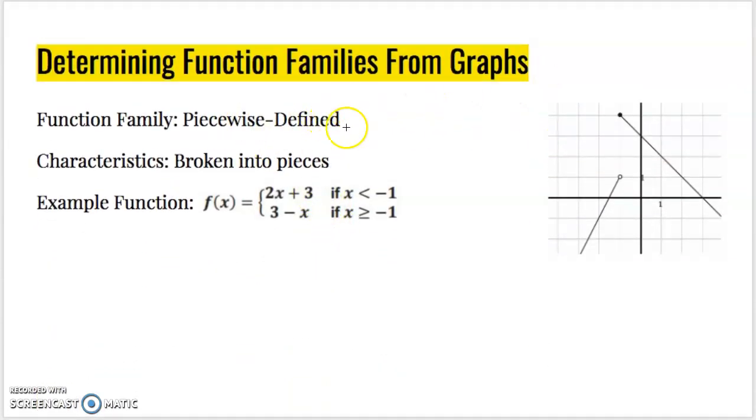Piecewise defined function, sometimes shortened to just calling it a piecewise function, is most easily identified by the fact that it's broken into pieces. And that's true for both the example that I have here as well as the graph itself. There is no typical parent function for a piecewise graph because it can just be made up of anything, but it usually will have two or more pieces that are identified in the function.